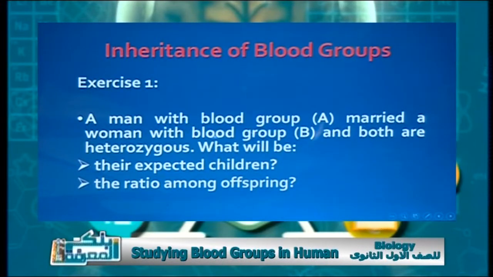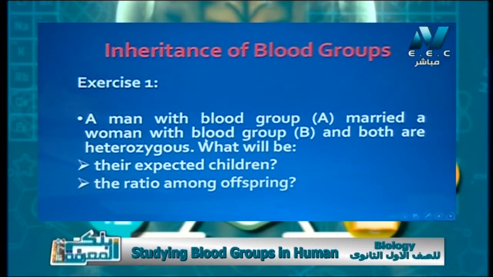So the head of the question should mention whether the person is homozygous or heterozygous. So complete it with me. And both are heterozygous. So the man is A heterozygous and the woman is B heterozygous. So what will be the expected children?